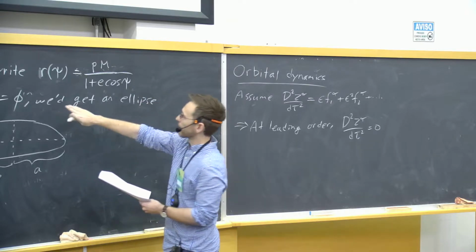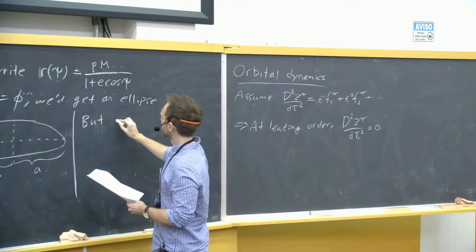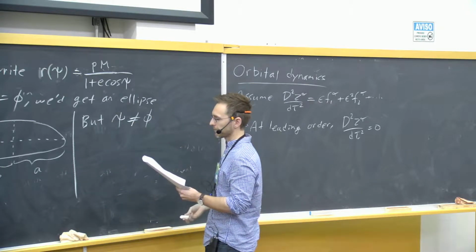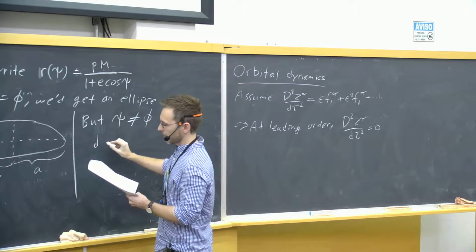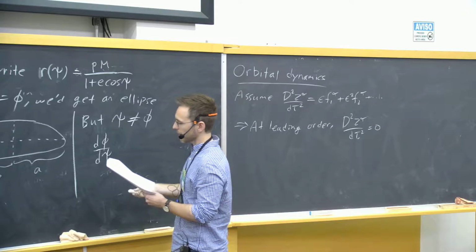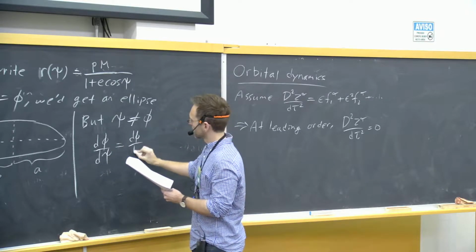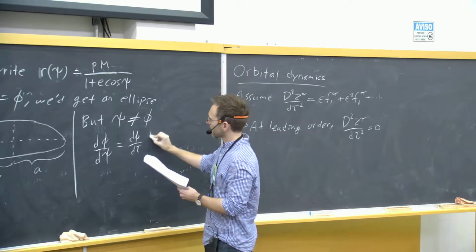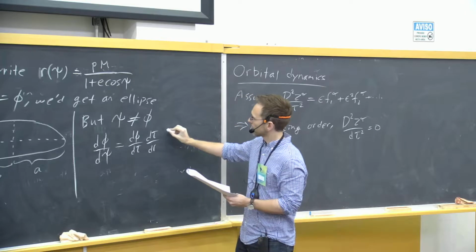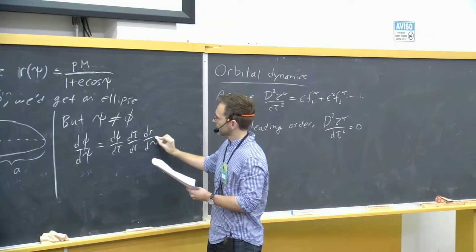Okay, but we don't have this. Psi here is not equal to phi. We can write down the relationship between them: d phi d psi is d phi d tau times d tau dr, just using chain rule, times dr d psi.